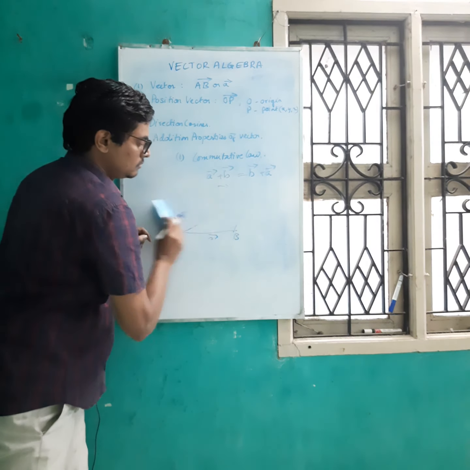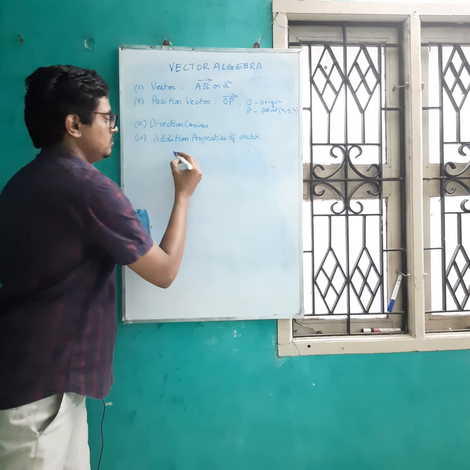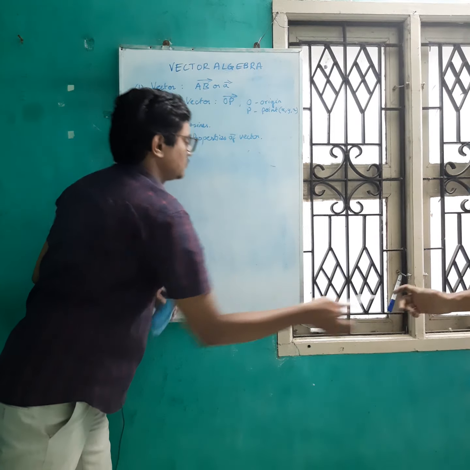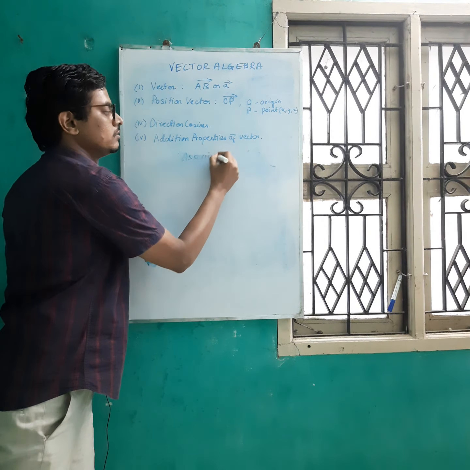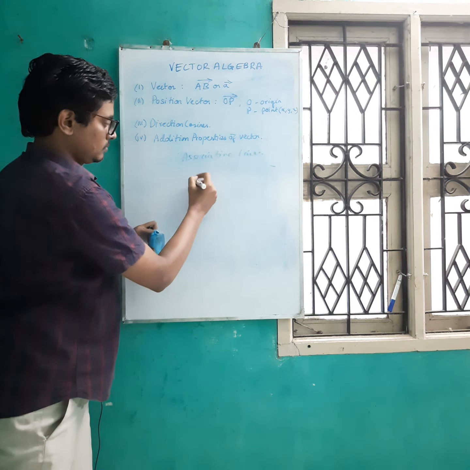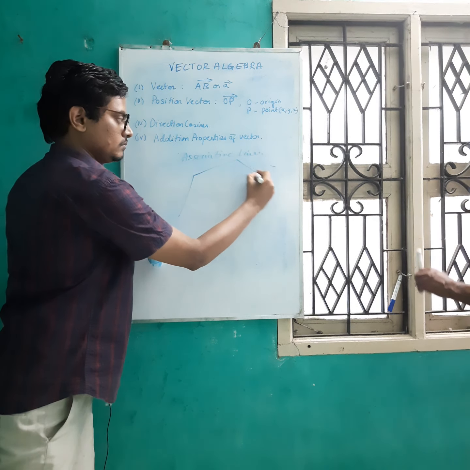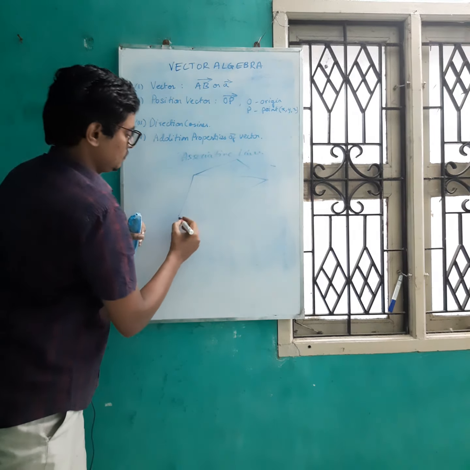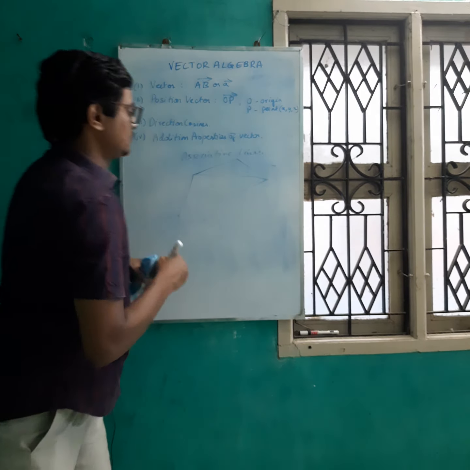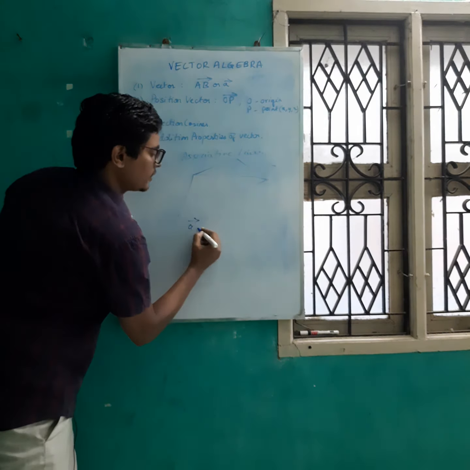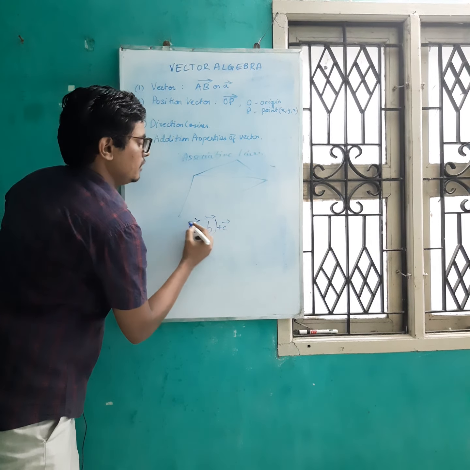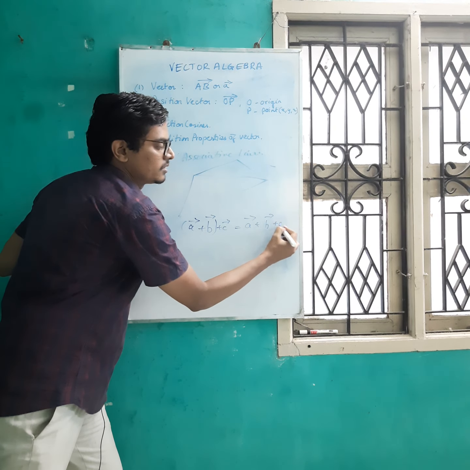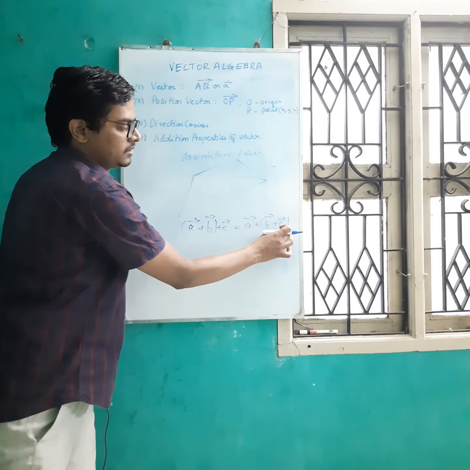Second law, associative law. Associative law states that A vector plus B vector plus C vector, in which we are adding A vector plus B vector first, so I am putting this in brackets, is equal to A vector plus B vector plus C vector, in which we can add B vector plus C vector first, then we can add A vector.